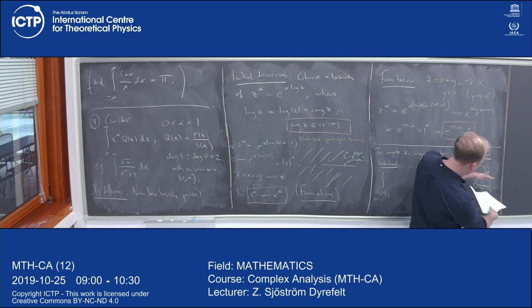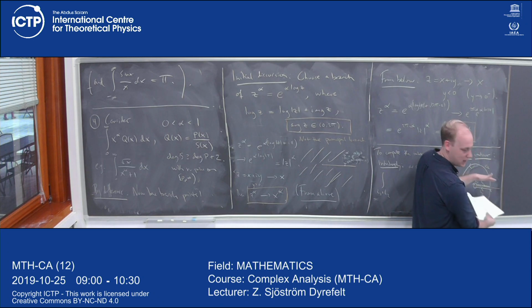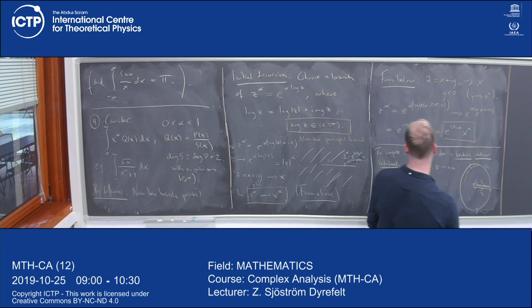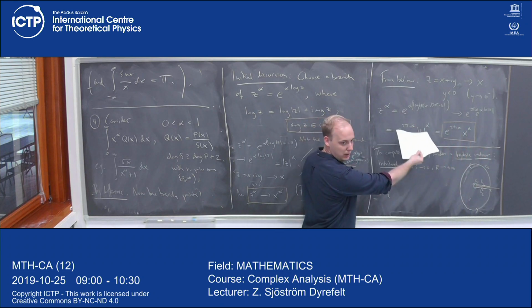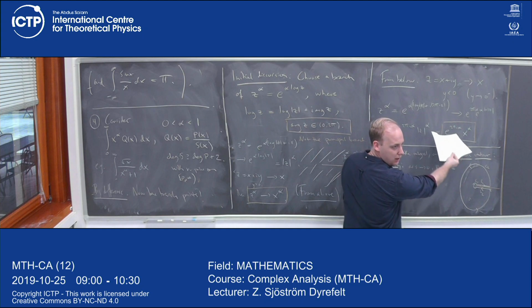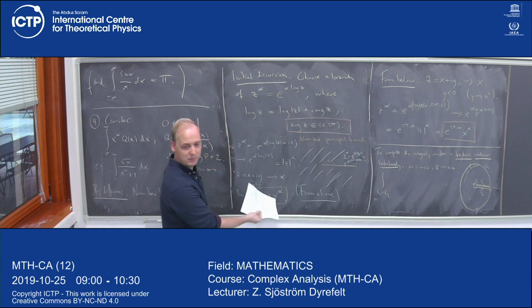Normally these lines get closer and closer to each other, and if the function we're integrating was continuous, then they would just cancel, because one goes in this direction and the other in the other direction. But now they won't, because when I come from below, I pick up an extra term. Then I have this, and when I come from above, I have this.